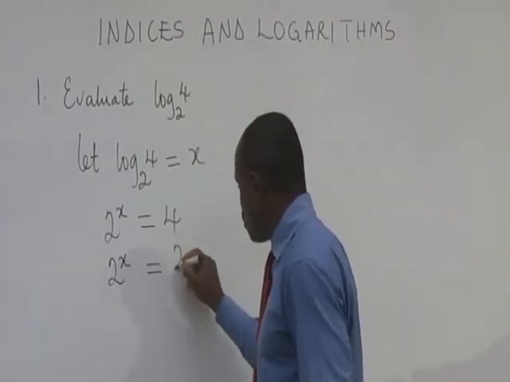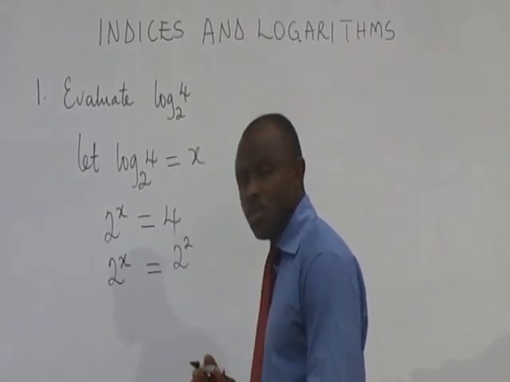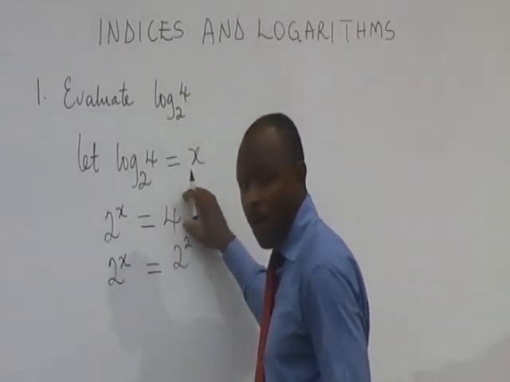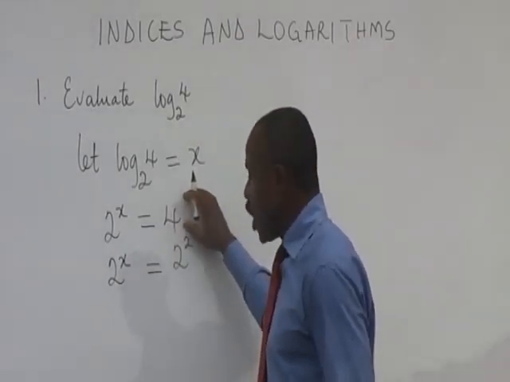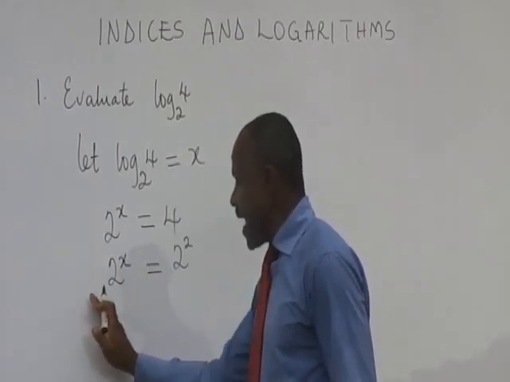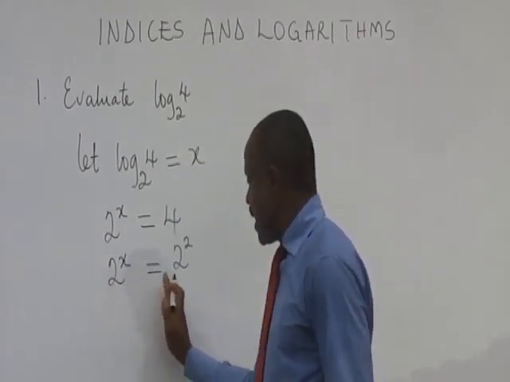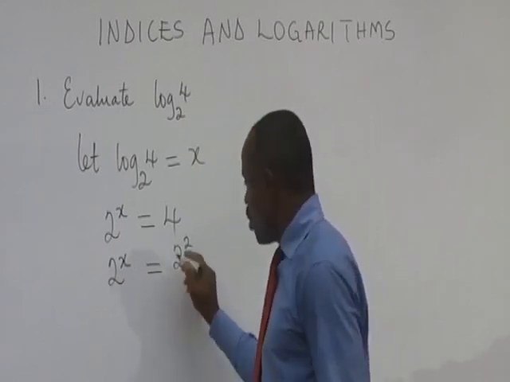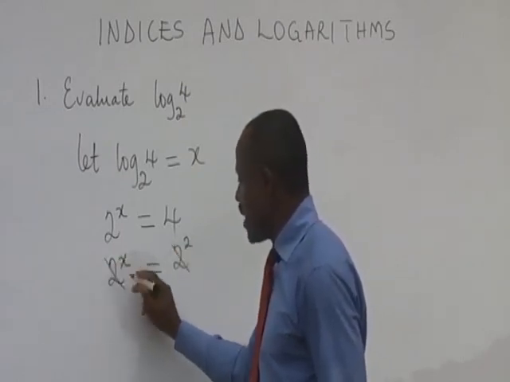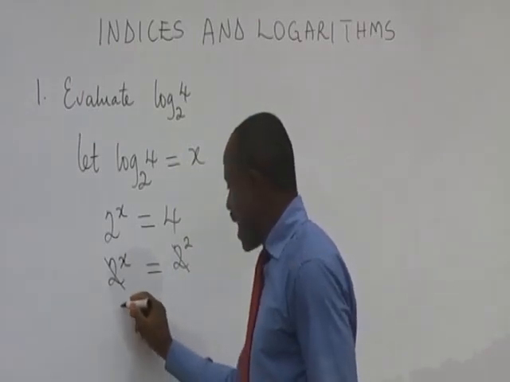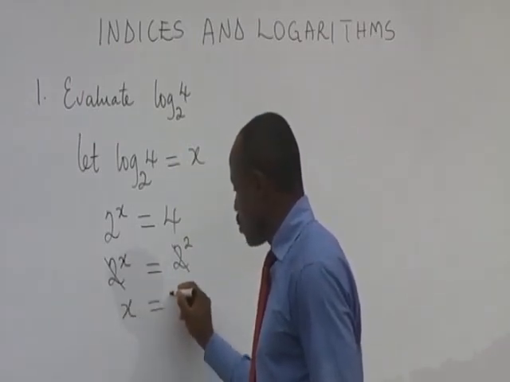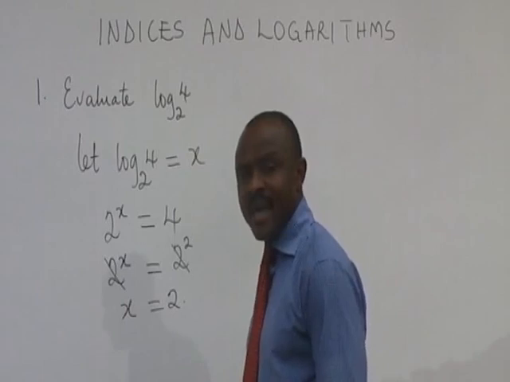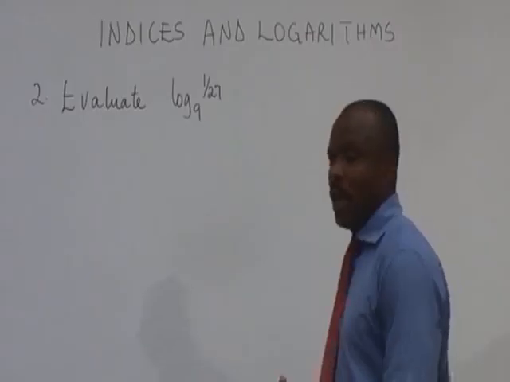That means you have 2 exponent 2 being the value of 4. As you have done this, on the left-hand side you have base of 2. Likewise, on the right-hand side you have base of 2. You can cancel the bases and equate the index. That gives you that x is equal to 2. And that is the answer to that question.